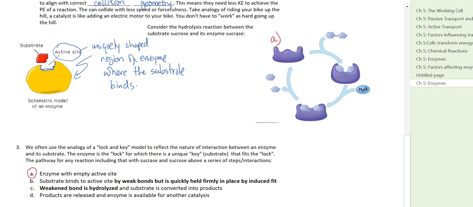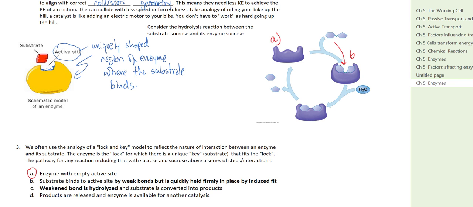Then substrate binds to the active site by weak bonds, but it is quickly held firmly in place by an induced fit. So here we have substrate binding in. So remember, these are groups of amino acids, much like in the video, playing a role to bind that molecule in a certain way, interactions between R groups on amino acids and various atoms on the substrate itself.